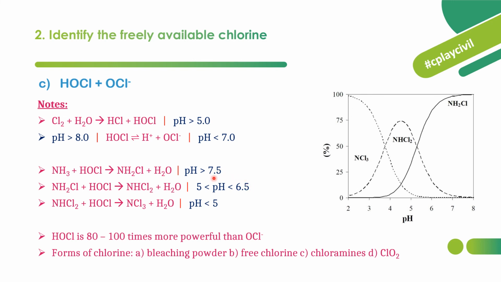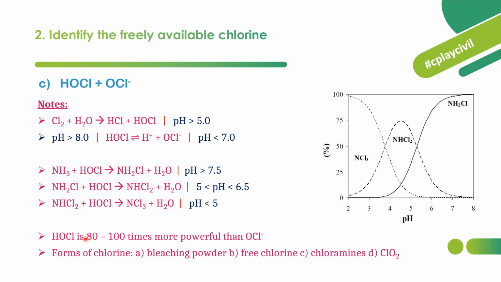When pH is 5 to 6.5, the chloramine will react with HOCl to form dichloramine. And when the pH is less than 5, the dichloramine will react with HOCl to form trichloramine. So these chloramines also act as disinfectants.